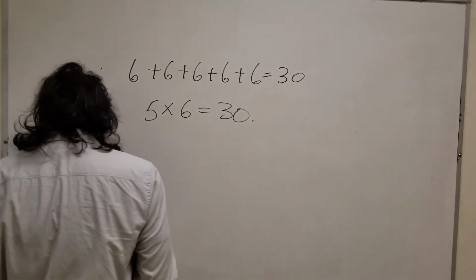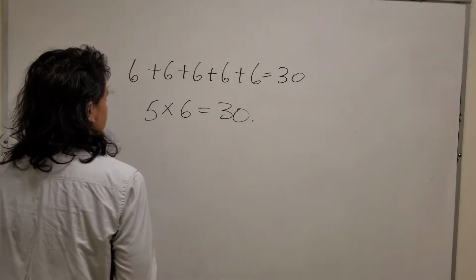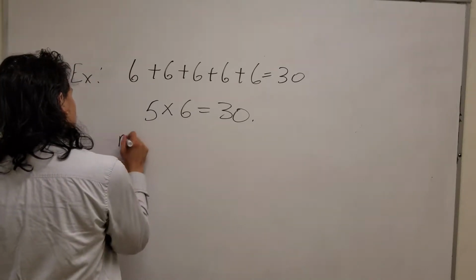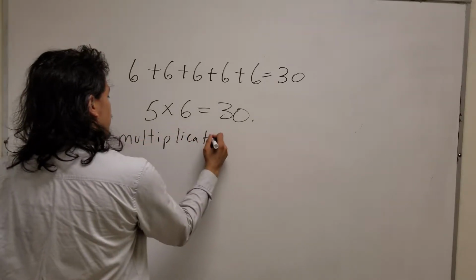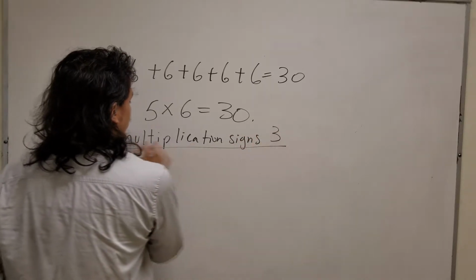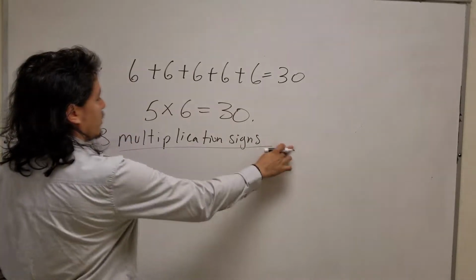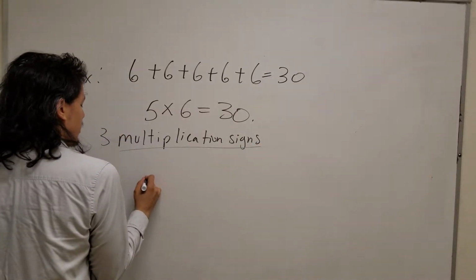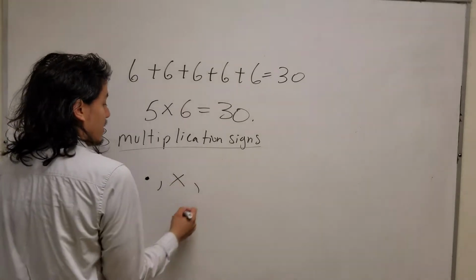Now, here is something very important that is necessary to talk about, which is the multiplication signs. There are 3 of them. Doesn't matter which way. There's the dot. There's the X that I'm sure a lot of you like to use.